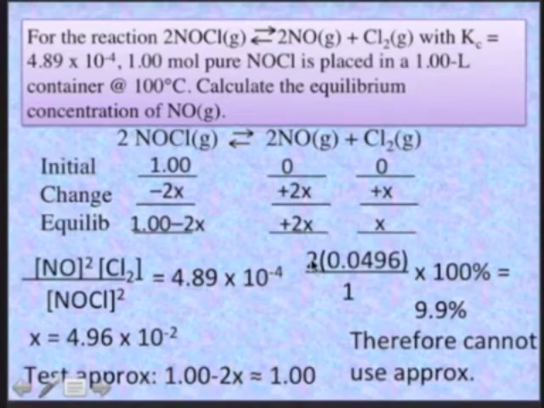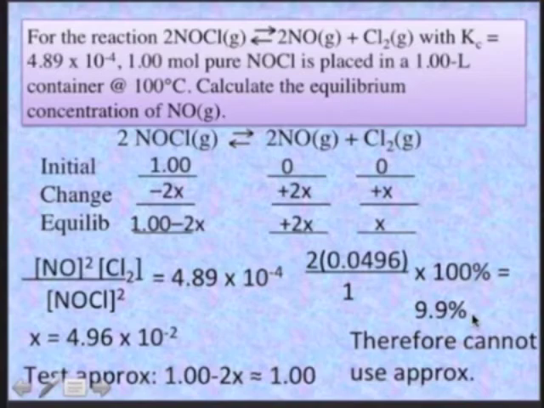So the value that we're dropping is 2 times 0.0496. And we divide that by the term that we're subtracting it from, the initial amount, 1 molar of the NaCl. And then you multiply by 100% to get an error factor. And we get a 9.9% error with this.